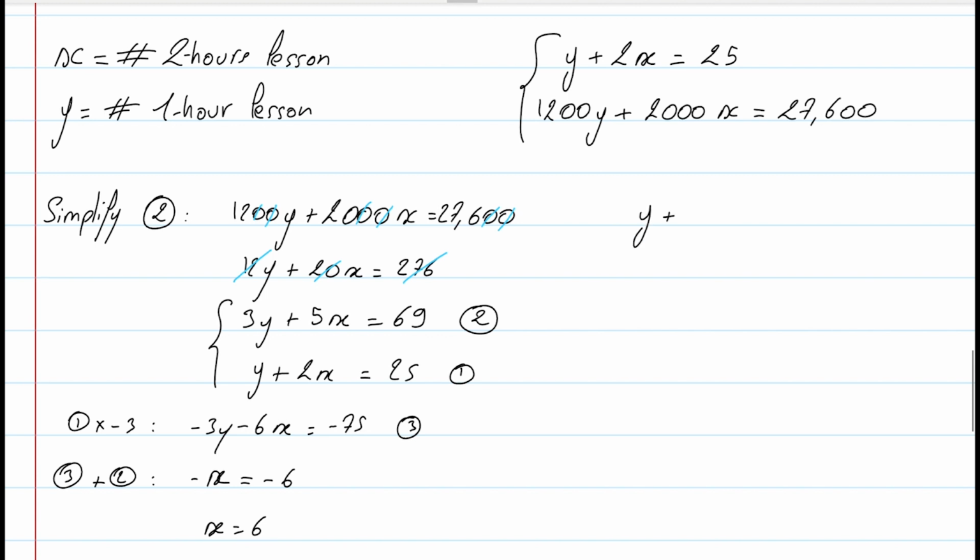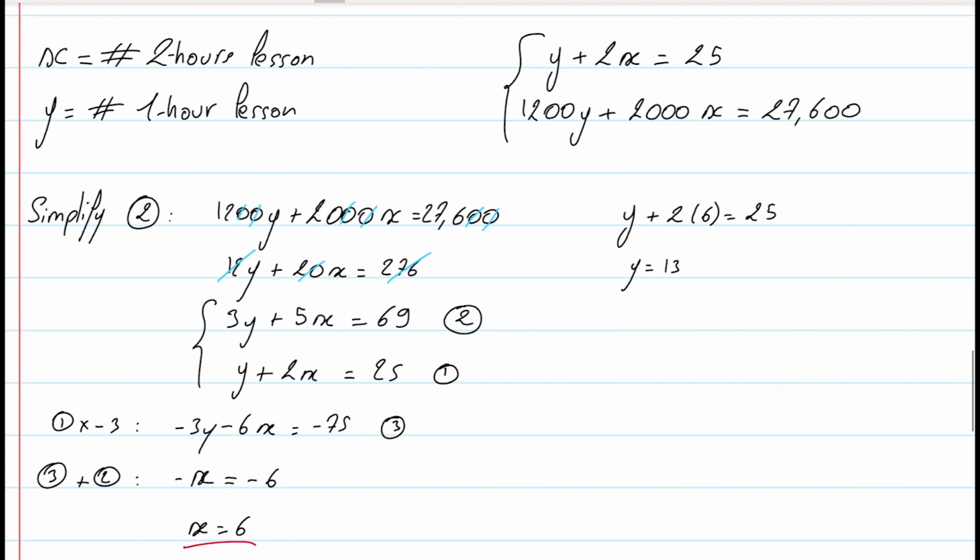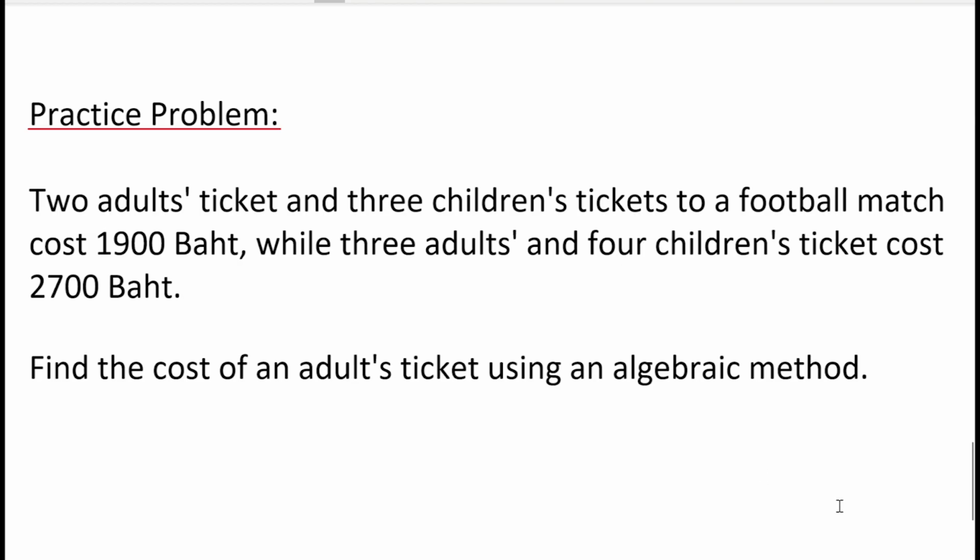Finally, you substitute this value of x into either of the two equations and solve for y. We find y equals 13. We finish by answering the question in a sentence. The teacher gives 6 2-hour lessons. Here is a quick problem for you to practice the method.